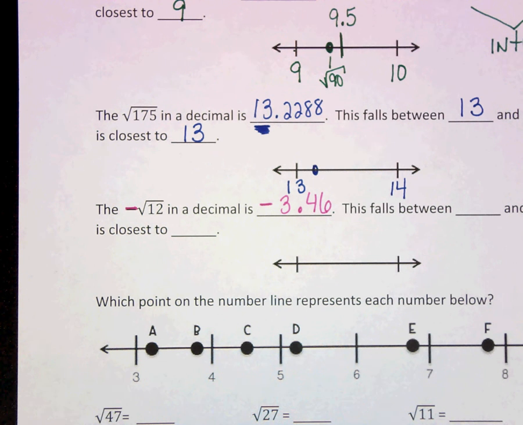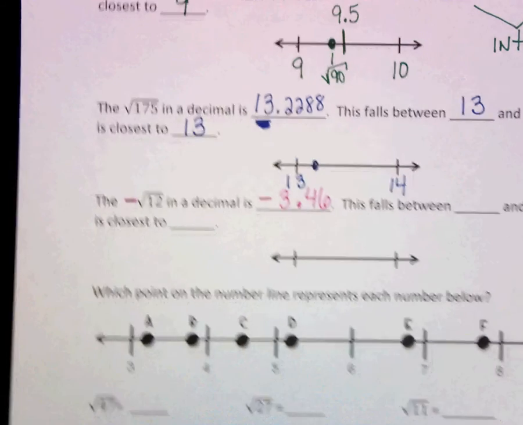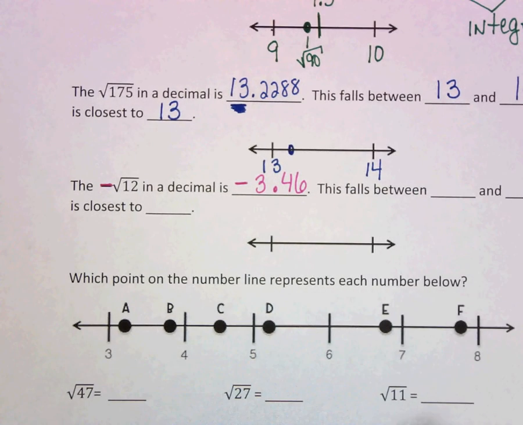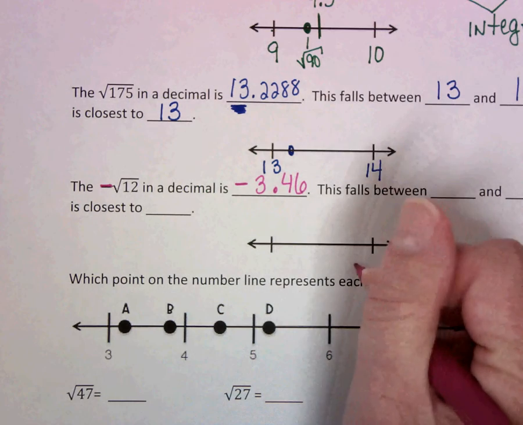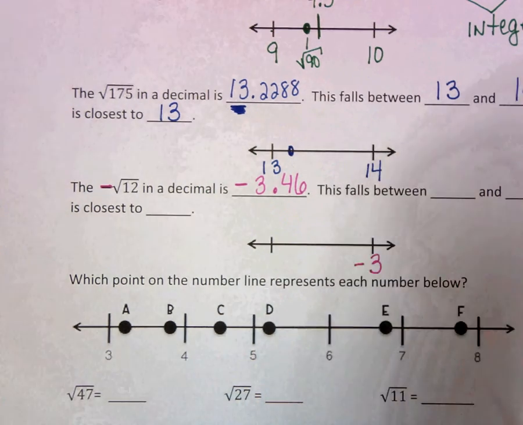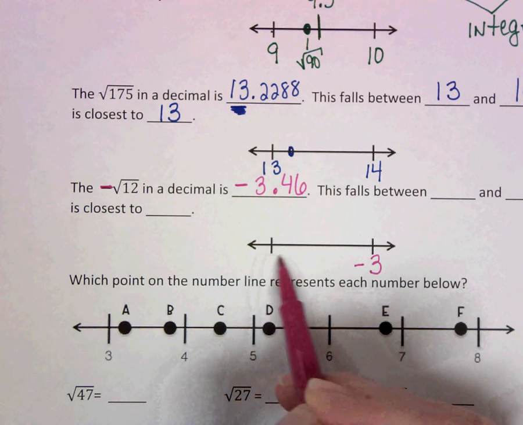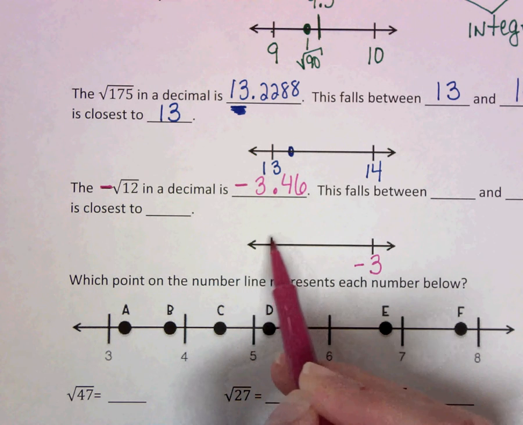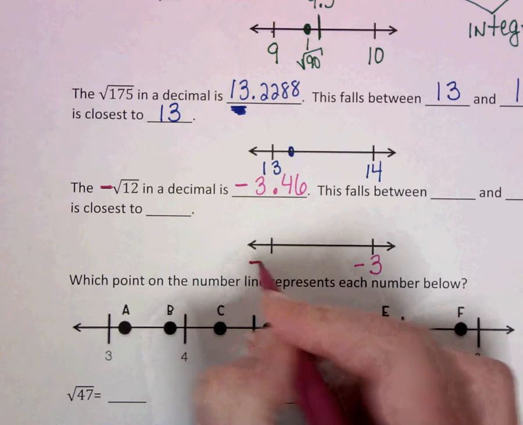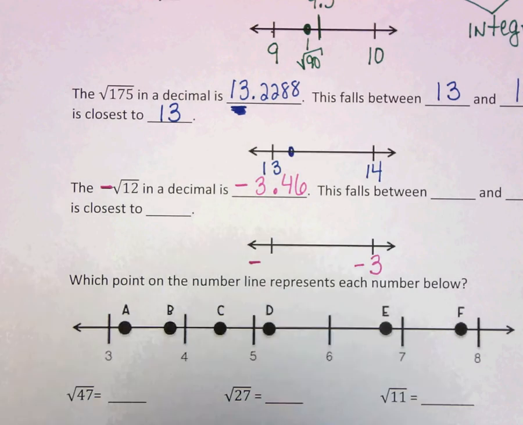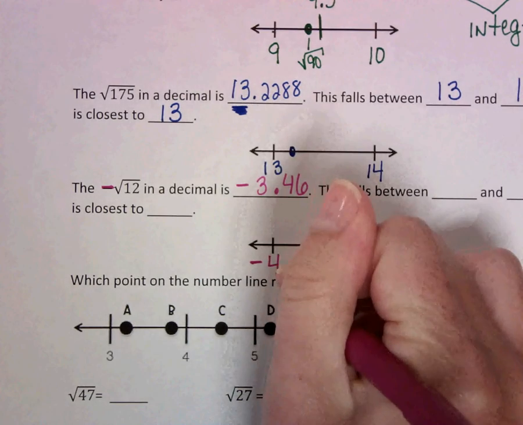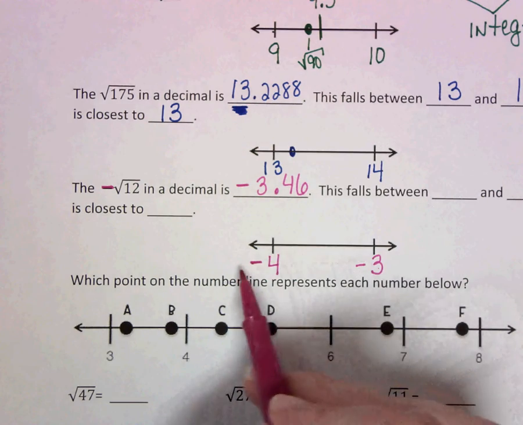Now, this is a little tricky because when we look at a negative number line, remember it goes backwards. So what number are we going to put here? Negative what? I hope you're thinking negative 4, because remember it's working backwards.